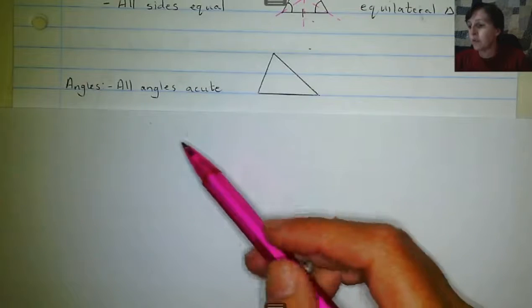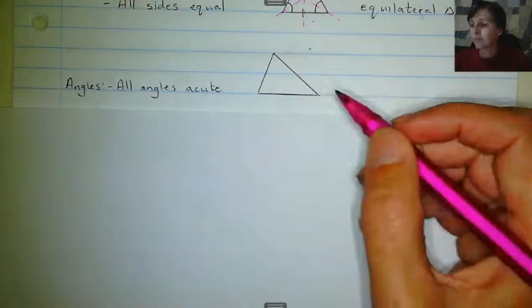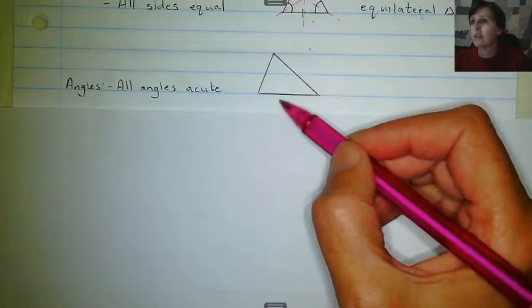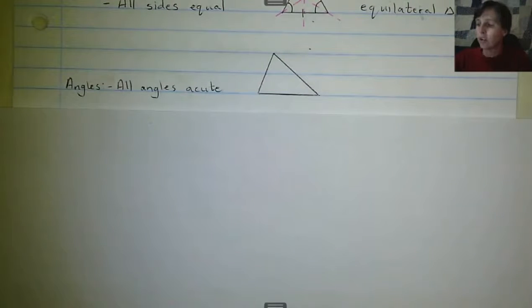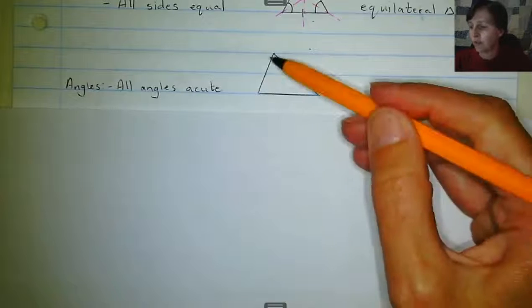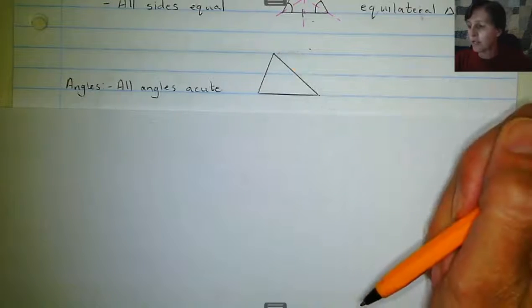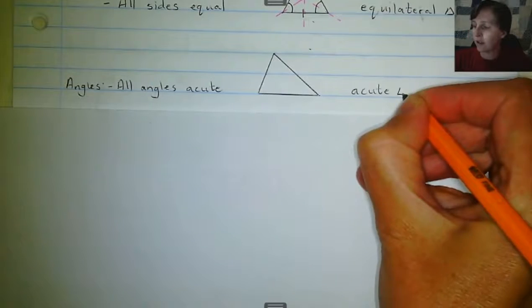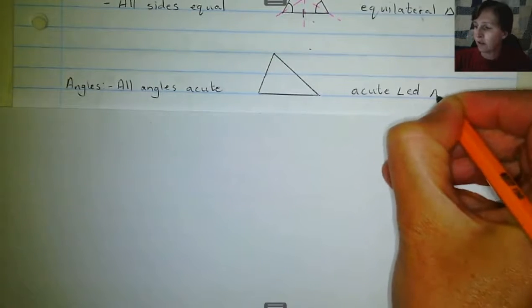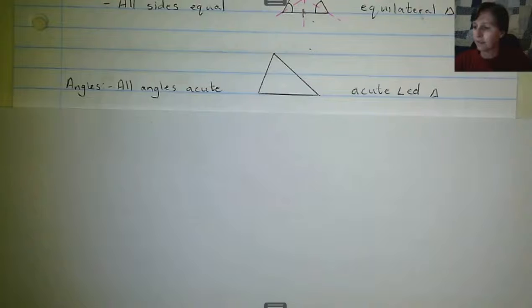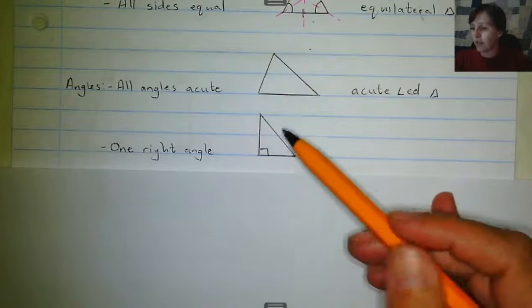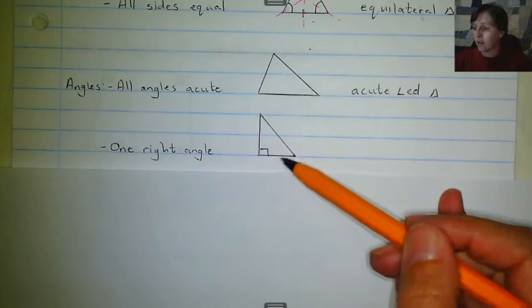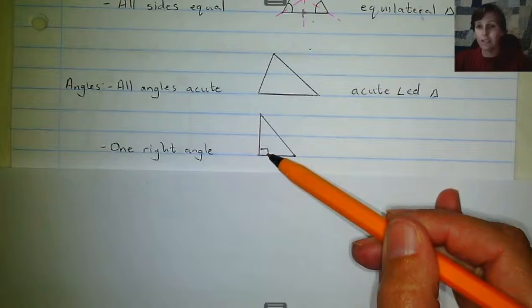The next property we have a look at is the angles. We have a look at the size of the angles. If all the angles are acute angles, in other words, none of them are right angles, they're all smaller than a right angle, then this is an acute angled triangle. The next triangle we have is a triangle where we have one right angle.